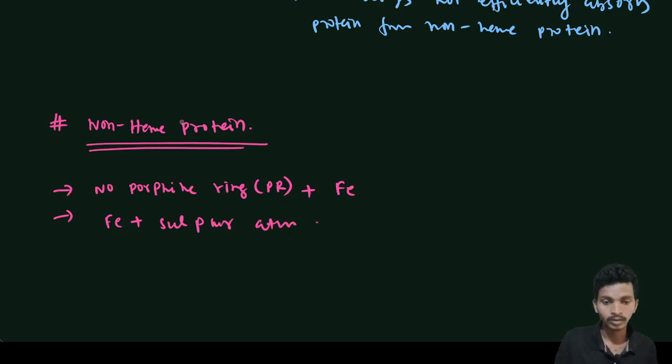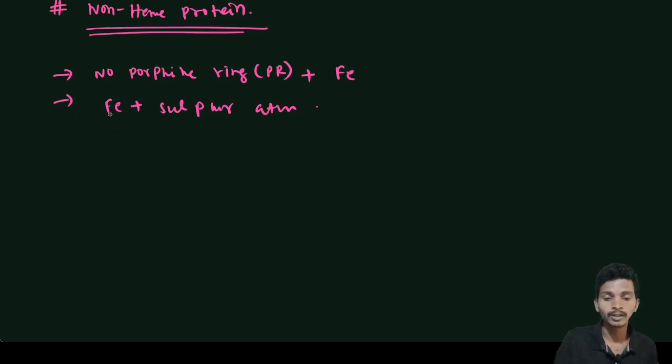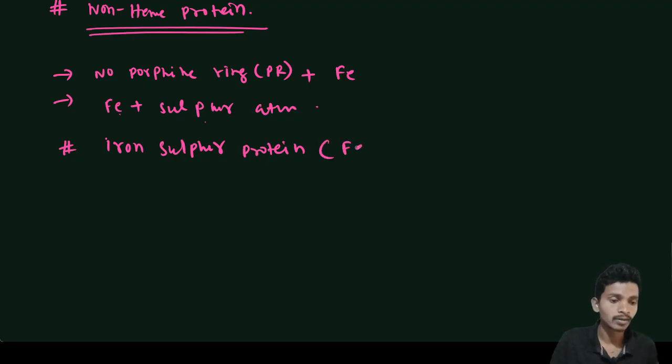If I discuss the types of non-heme proteins, there is no porphyrin ring, and what we have are iron and sulfur, so you can say iron-sulfur proteins.